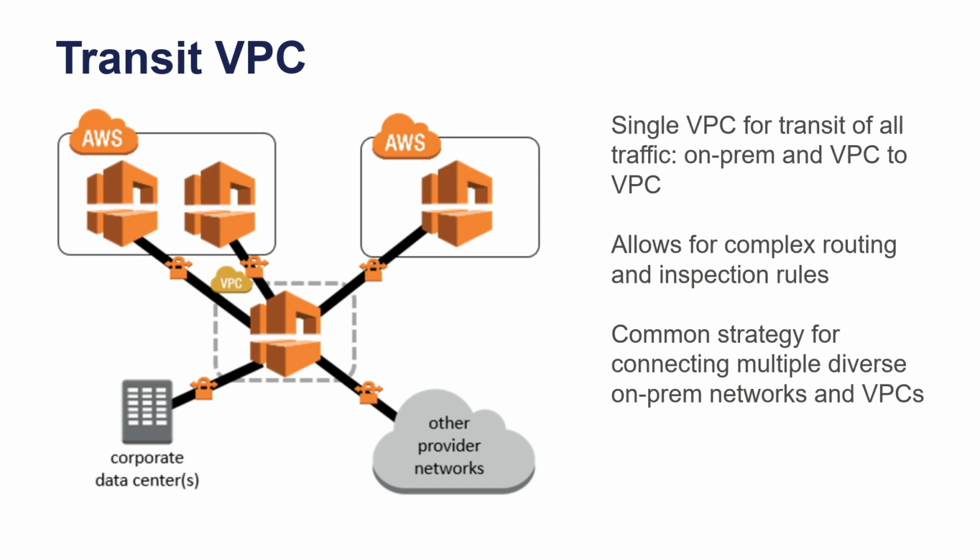Now that A and B have to go first to the transit VPC, and from the transit VPC go to B, now you're paying twice that traffic. Just something to consider. With the kind of organizations that need this type of topology, it's usually not an issue. Again, the cost is not significant for the advantages that you get at this scale.